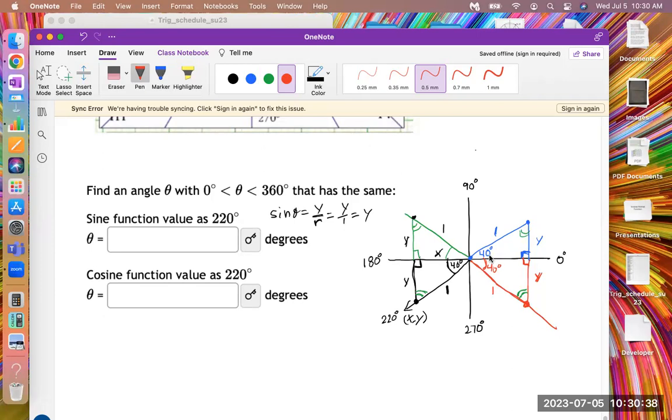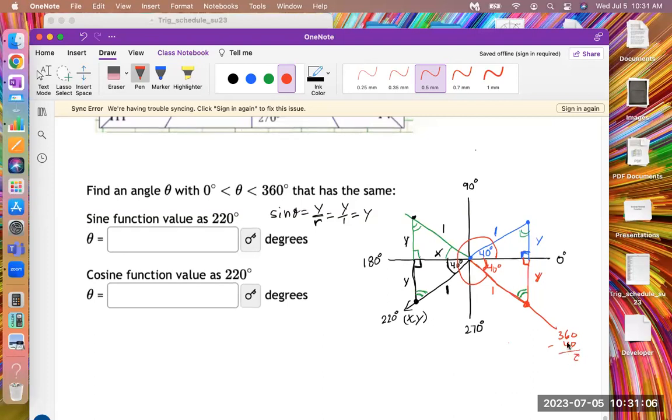Well, we have to measure that angle going from here all the way over here. And so we do know that going all the way around the circle would be 360 degrees. So we had to back up 40 degrees to get to this terminal side. So that means that this angle is 360 minus 40.